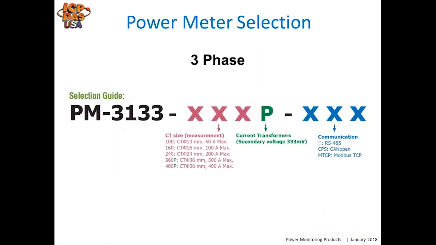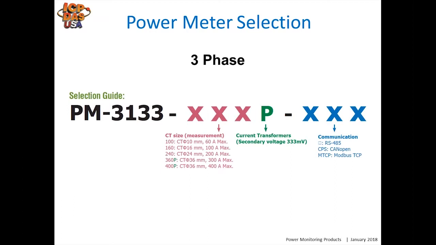For our power meters, we have three-phase systems and single-phase systems. This is the table which shows the breakdown of the part number for our three-phase power meters. The PM3133 is the series for three-phase power meters. The next three digits determine the CT size and the maximum current measurable.